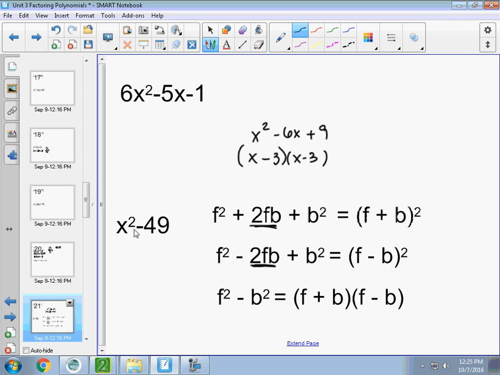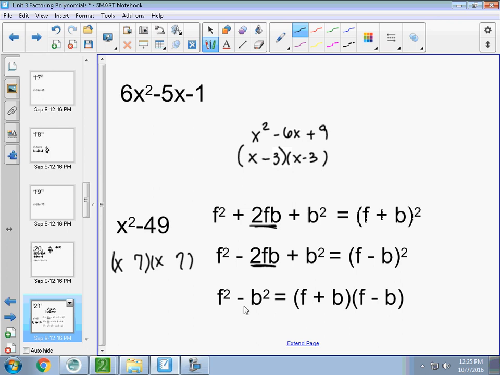In this one, it's a difference of two squares, and that is this pattern right here. It tells me to take the root of the front, so the root, or where x squared comes from, comes from an x, and the root of 49, or where 49 comes from. 49 is a perfect square for the number 7, and it's going to be placed twice, x and 7, x and 7.